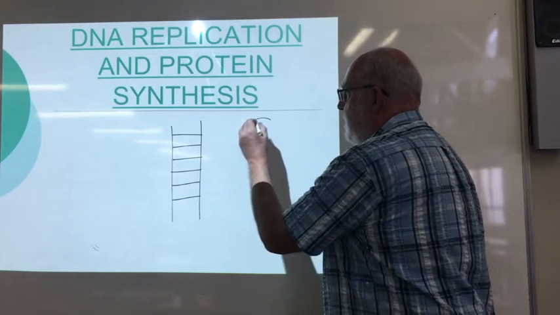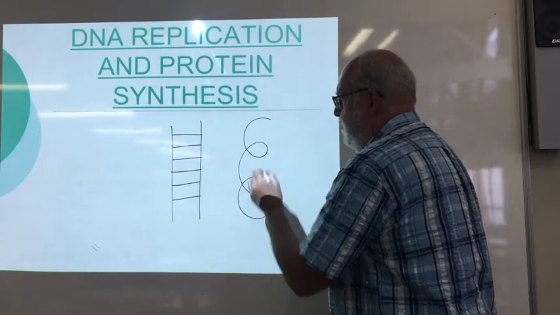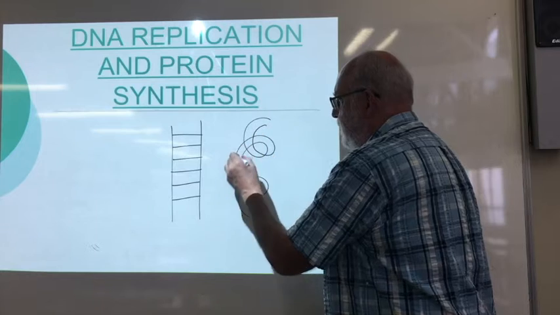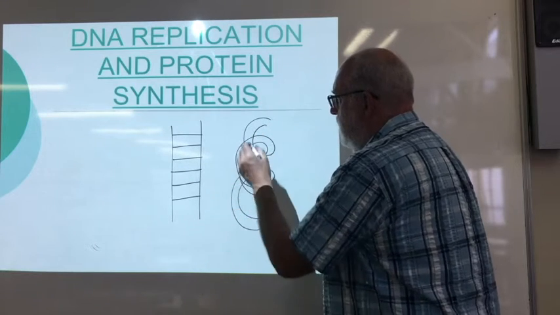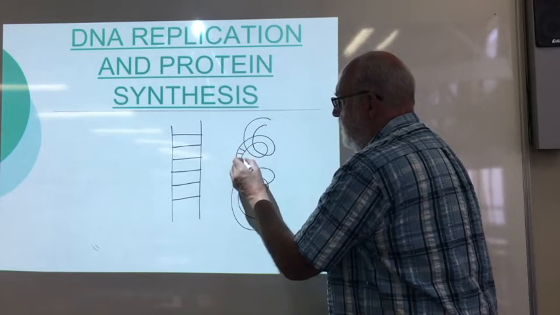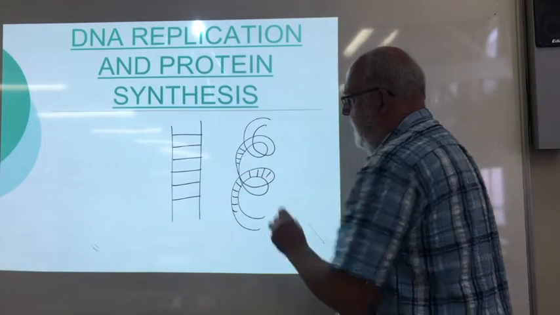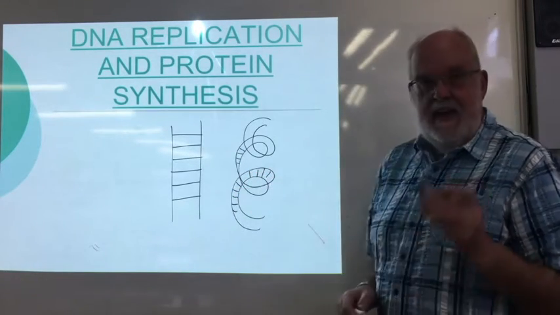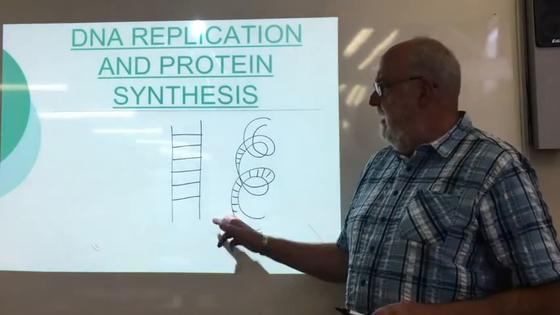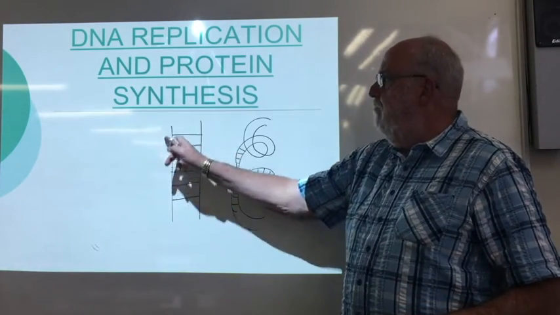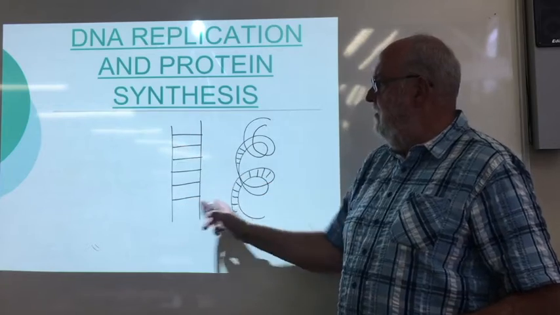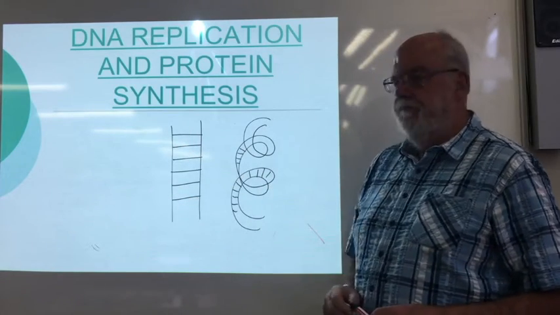And you end up with a double helix shape, where the ladder has been twisted and coiled around itself. So there's the rungs of the ladder. And it forms a double helix, a helix being a coil. And each of these two backbone strands makes the coil.